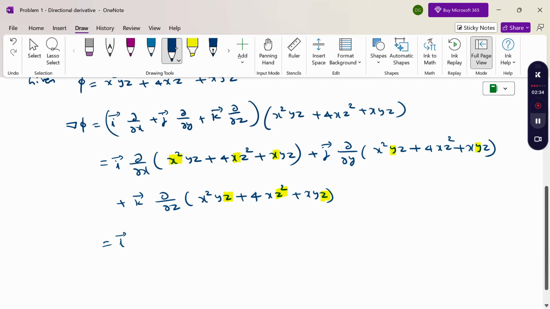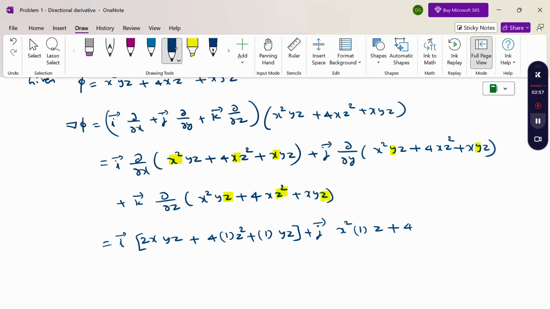I vector: when I differentiate x squared, 2x yz, the constant plus 4 into 1 z squared, plus x derivative 1, yz. Plus j vector: the first term x squared is constant, y differentiation gives 1, z; plus 4xz squared has no y term, so the whole term is considered constant and gives 0. With constants in addition or subtraction the value is 0, and the product keeps its value as usual.